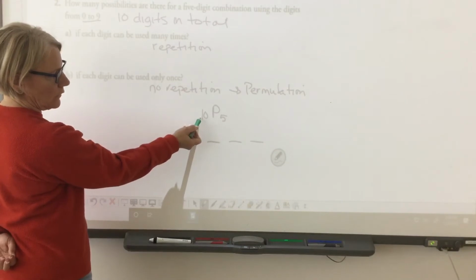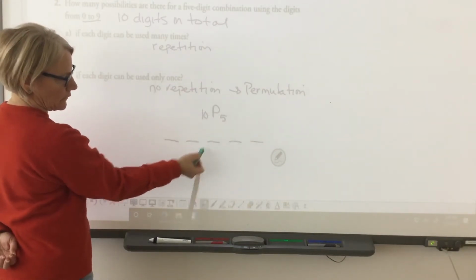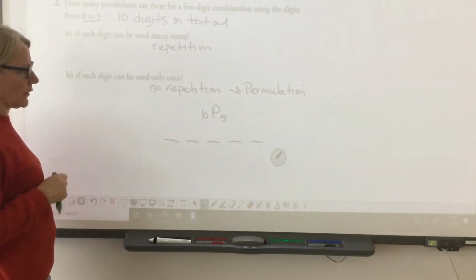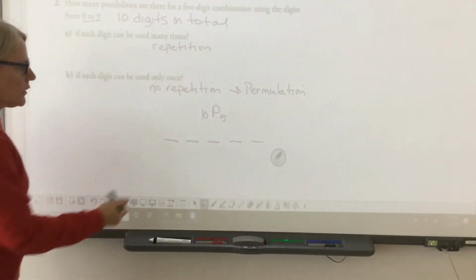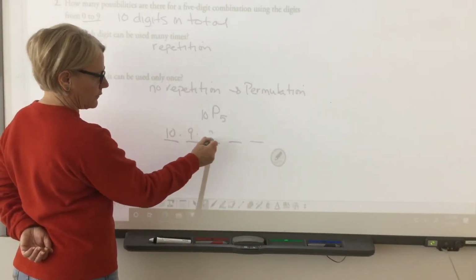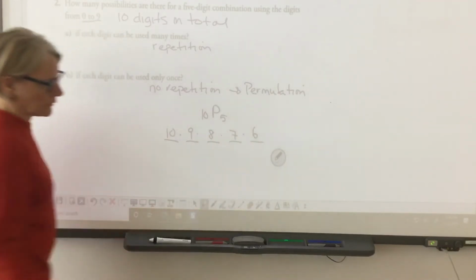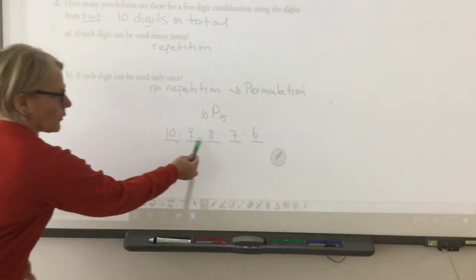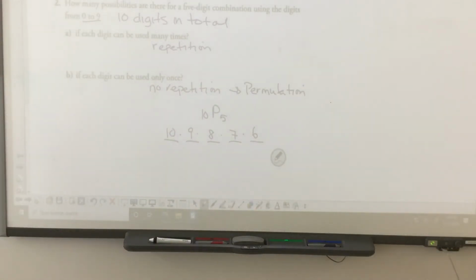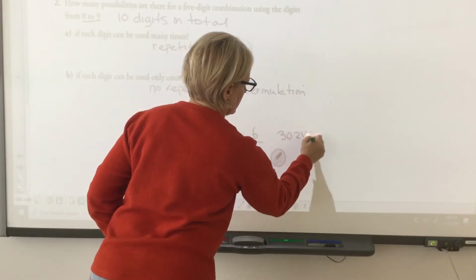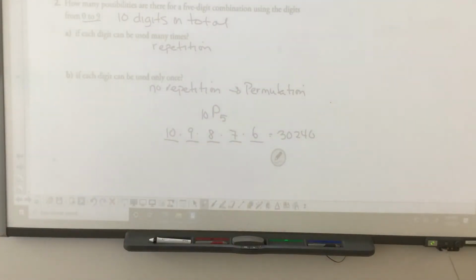If you do this, and you think about the formula, this will produce this. So you can choose how you really think about that, what makes sense in your mind. So if I go through the slots, the first time I have 10, then I have 9, 8, 7, and 6. Repetition was not allowed, which is why I decreased my number each time. And that ends up being 30,240 possibilities.